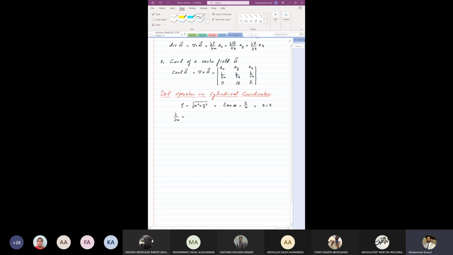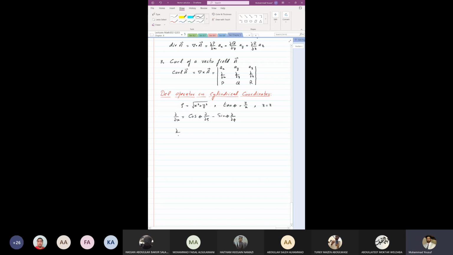So partial over partial x is cosine phi, partial over partial rho, minus sine phi, partial over partial phi.